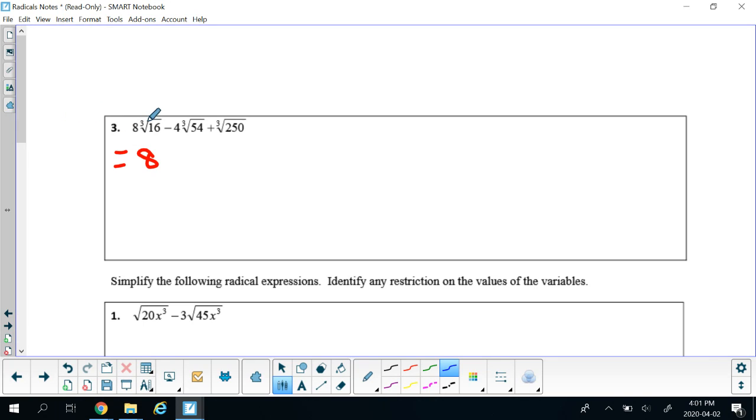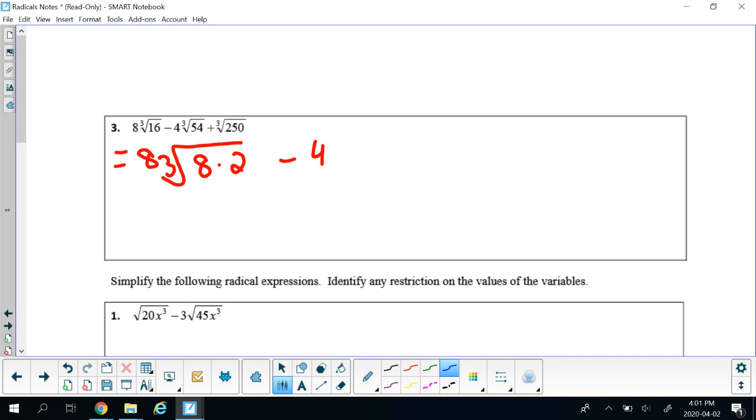And because the index is 3, I'm going to break 16 as a perfect cube and some other number. 8 is a perfect cube and 8 times 2 is 16. Okay.